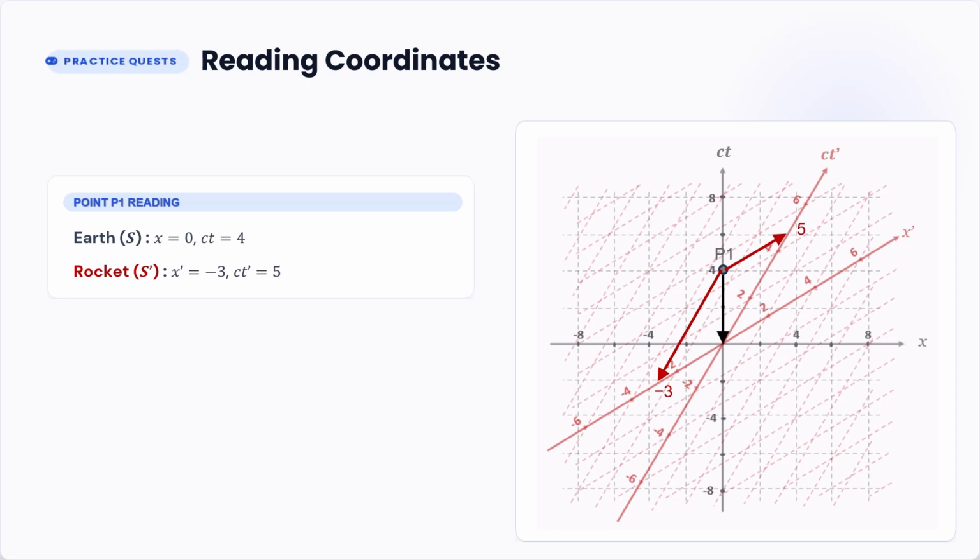By drawing parallel lines correctly, you can read the other observer's spacetime coordinates perfectly, even on slanted axes. Even so, time is especially mind-blowing, isn't it? Through Earth's glasses, CT equals 4, but through the rocket's glasses, CT prime equals 5. The physics engine of special relativity is ridiculously cool, right?